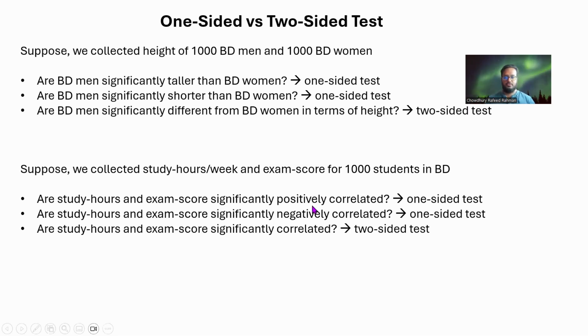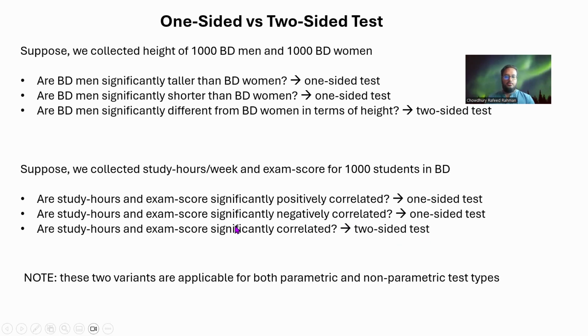So if the direction is given, it's one-sided. Also, if you say the opposite, are study hours and exam score significantly negatively correlated? That means if you study more, is your exam score going to reduce? So that is also one-sided because it's a negative test. The final one is, are study hours and exam score significantly correlated? Now, this correlation can be positive or negative, doesn't matter. So in this case, it's a two-sided test.